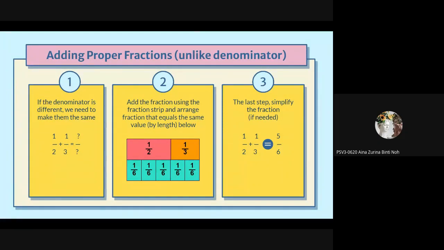Then the teacher will use the fraction strips side by side, 1/2 plus 1/3, and arrange the fractions that equal the same value by length below the fraction strips, and lastly it equals 5 parts of 1/6. That is the answer.